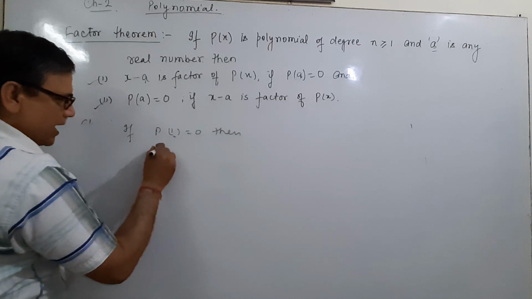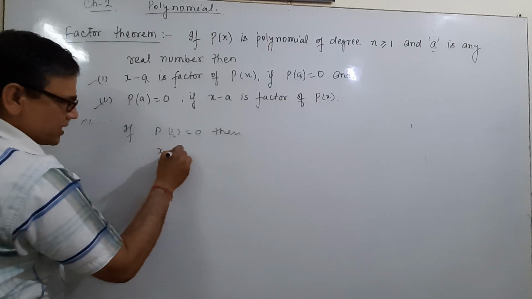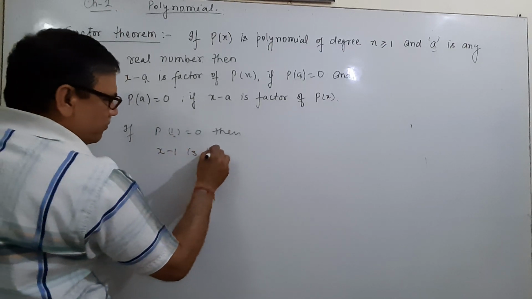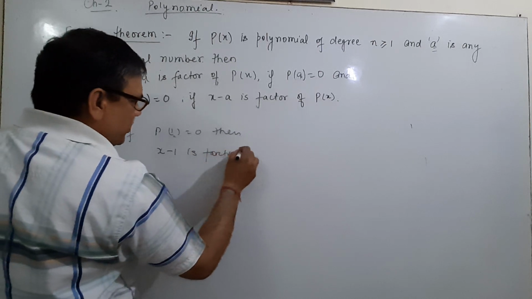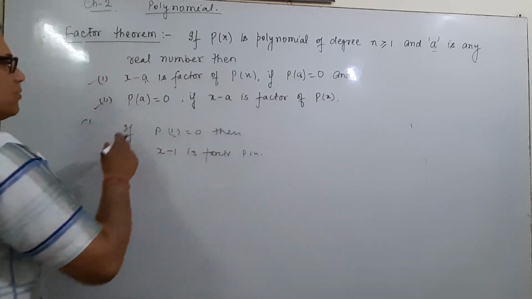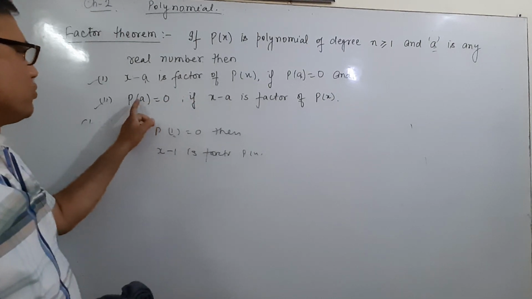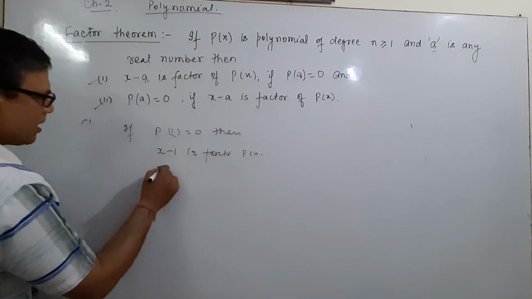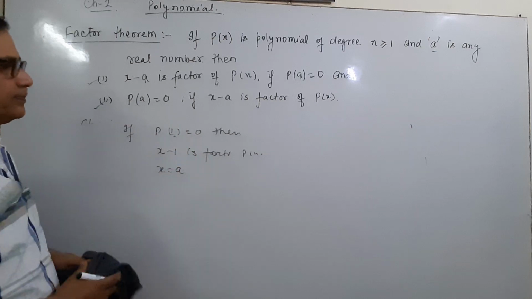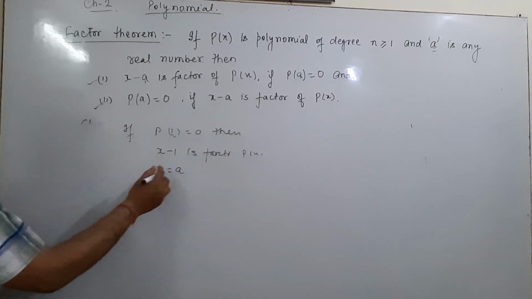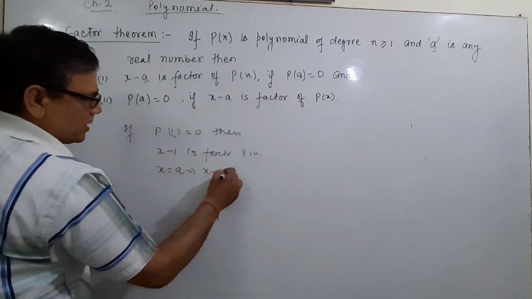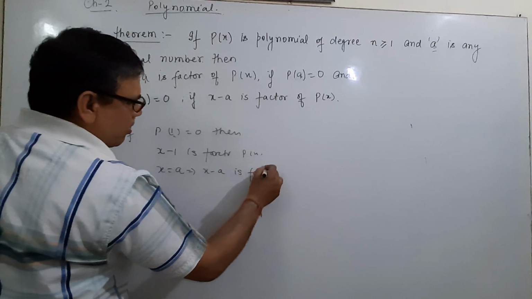I explained, here the sign changes, x minus 1 is a factor of P(x). If P(a) equal to 0, then x minus a, where this is a, and we put x equal to a. Then x minus a is a factor of P(x).